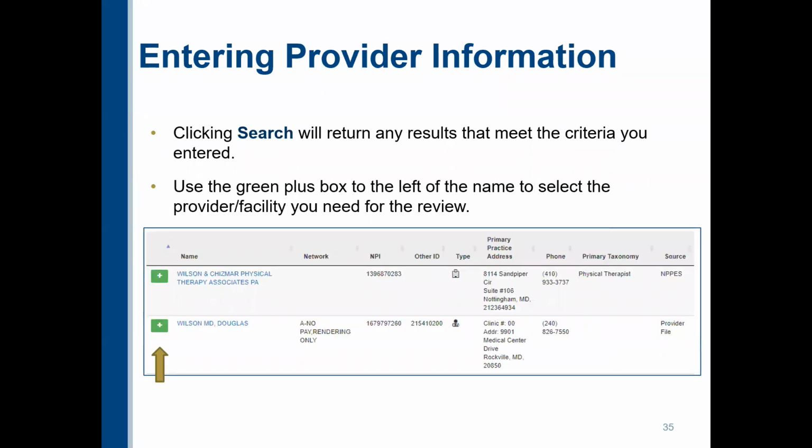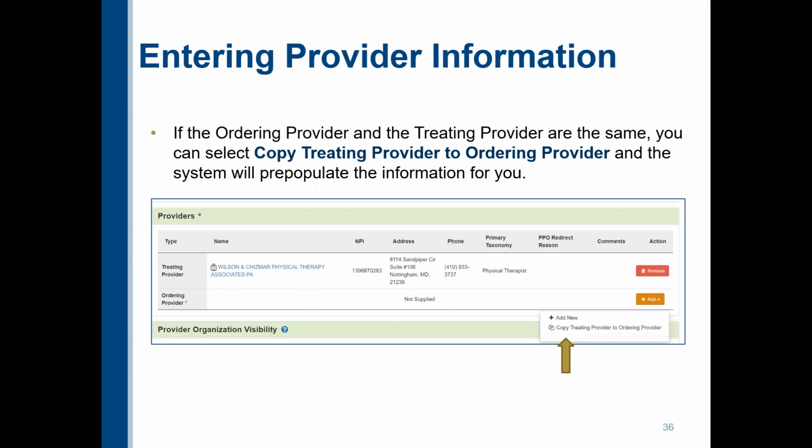Clicking Search will return any results that meet the criteria that you've entered. You'll use the green plus box to the left of the name to select the provider or facility that you need for the review. If the ordering provider and the treating provider are the same, you can select copy treating provider to ordering provider, and the system will just pre-populate that second line for you.